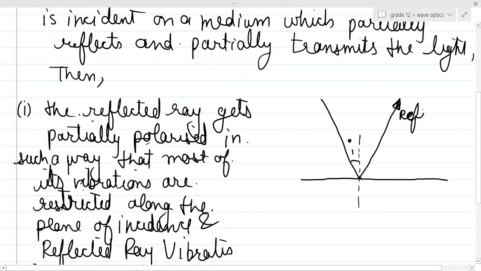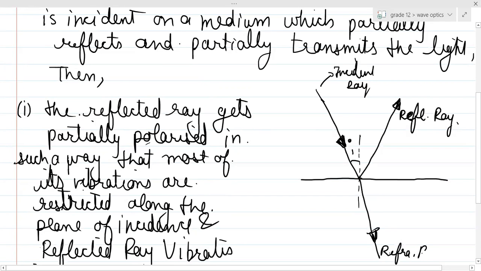This is the reflected ray and this is our incident ray. Guys, is this clear? I'll draw the polarization a bit later. This is the refracted ray.